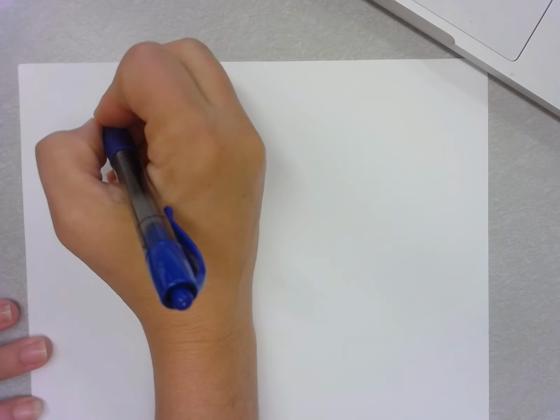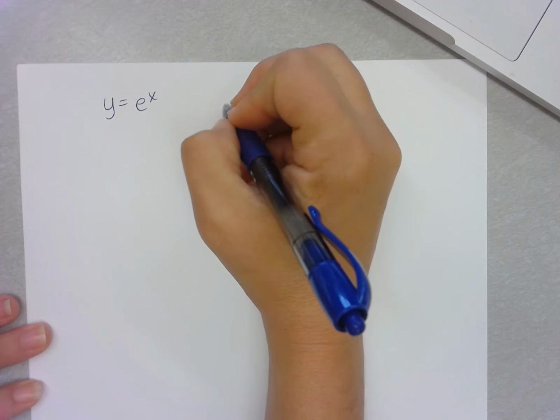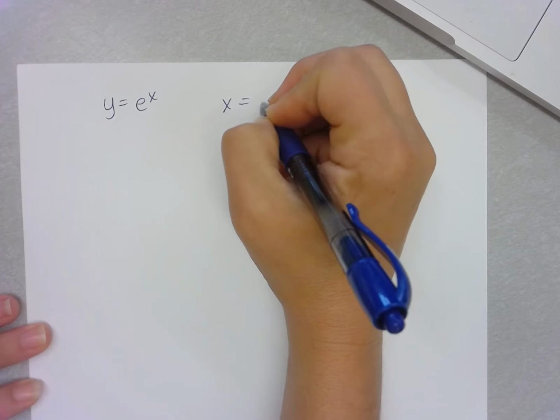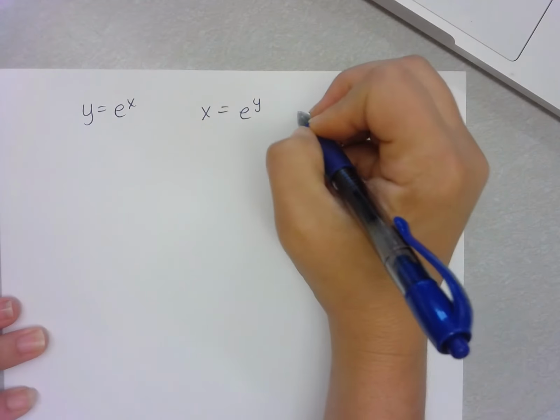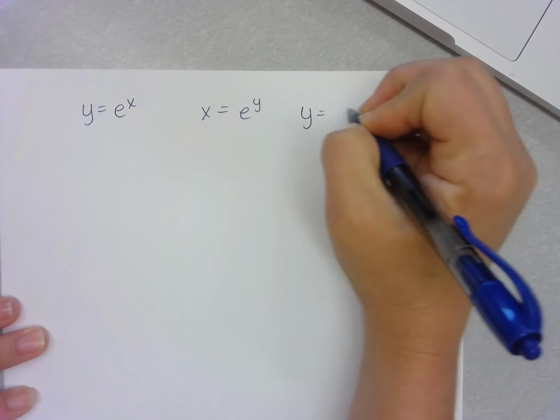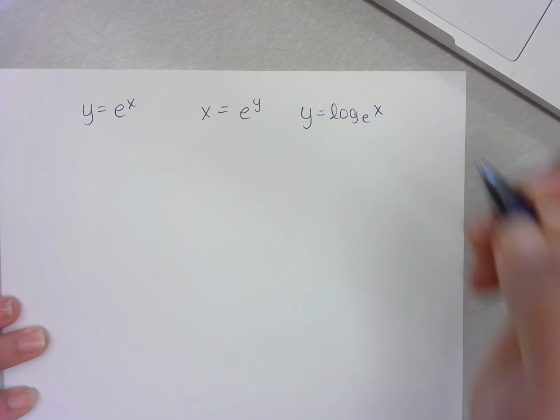We've talked about e before, but we haven't really talked about it in logarithmic terms. If I have y equals e to the x, then it also has an inverse: I start out with x equals e to the y, and so my log equation would be y equals, I'm going to write it like this first, log base e of x.